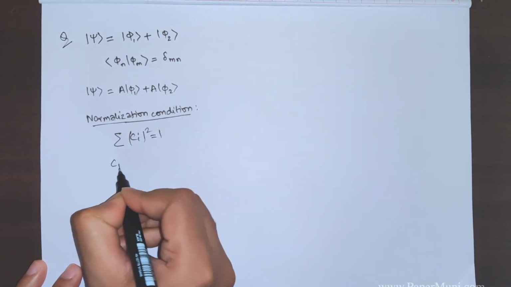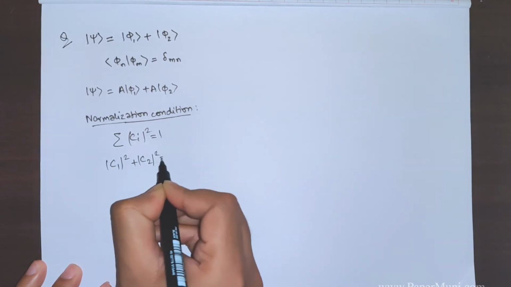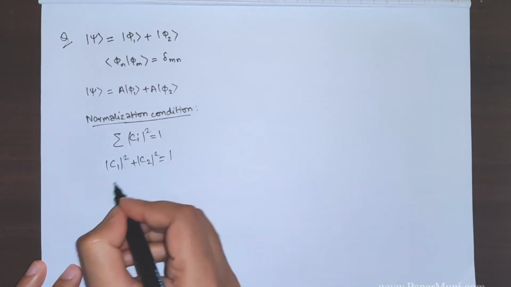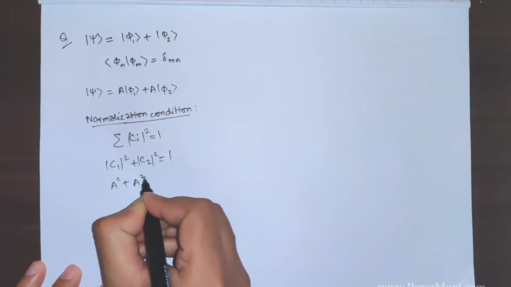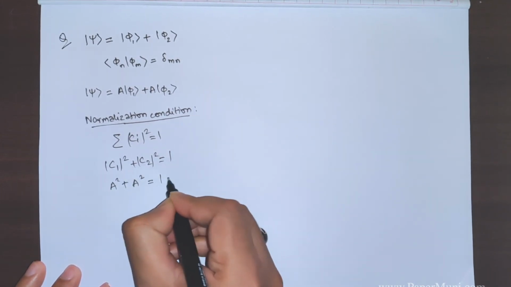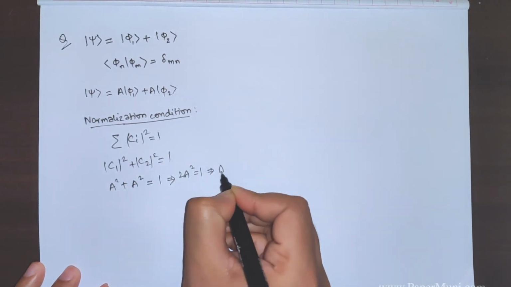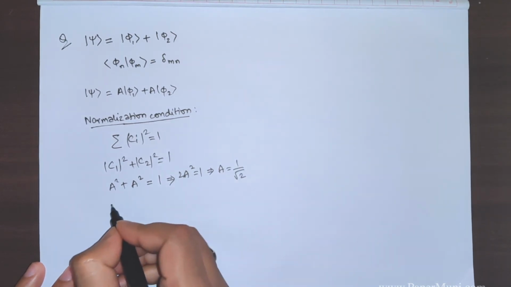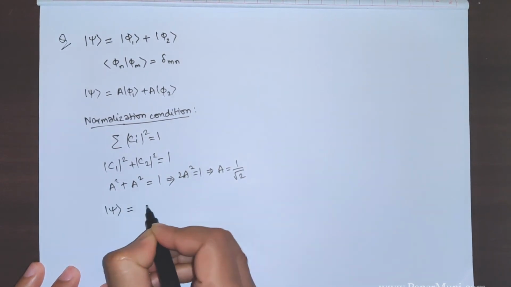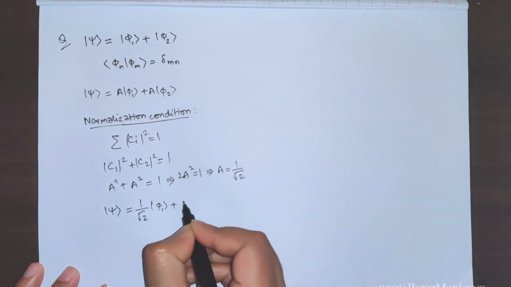So in this case we have two c's, so this is |c1| squared plus |c2| squared equal to 1. This is a mod square. Okay, so a squared plus a squared is equal to 1, which gives you 2a squared equal to 1, and further you have a equal to 1 by root 2. Now if you write down the normalized wave function, it is this.